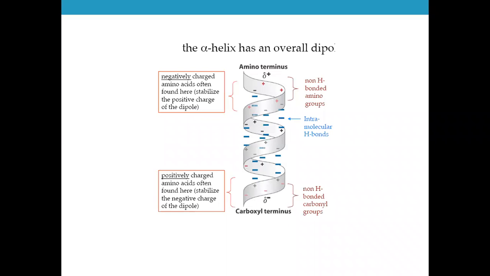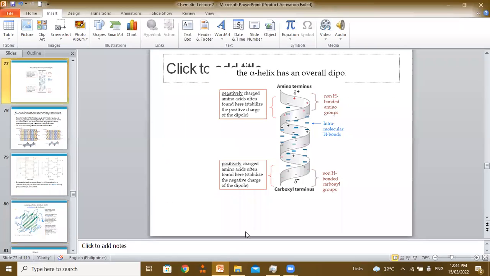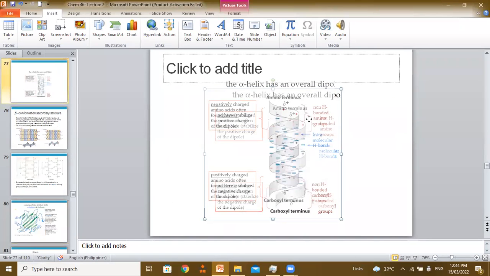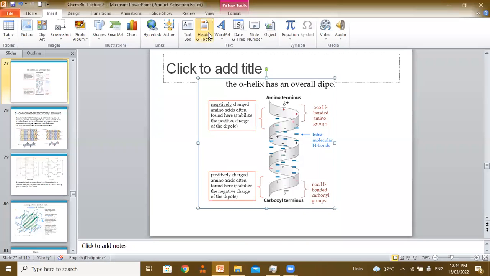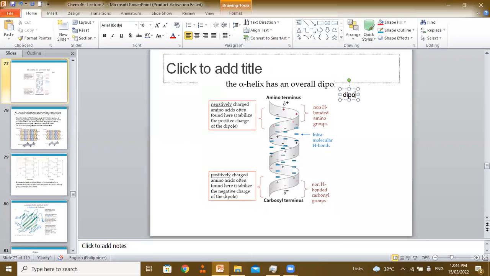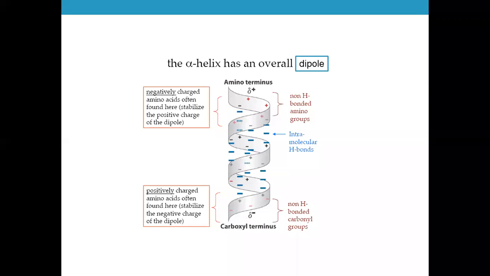Just an additional note, the alpha helix is a dipole. A dipole is when you have a net charge. You remember your general chemistry.